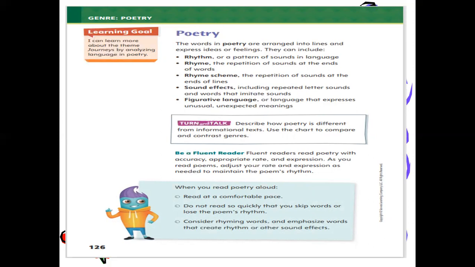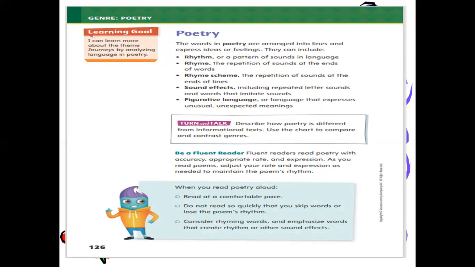Okay, it has five things. The rhythm is the pattern of sounds. The rhyme is the repetition of sounds at the end of the words. Rhyme scheme is the repetition of sounds at the end of the lines. Now, notice the difference between the rhyme and the rhyme scheme.